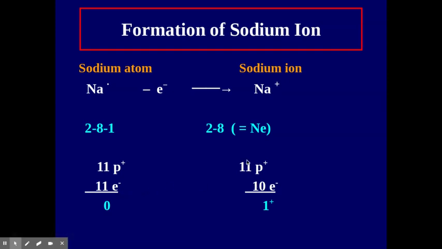This is a sodium ion. Now it has 11 protons still, but it has lost an electron, so it has a +1 charge. Overall, it is positive. It has one more positive than it does negative. So we call this a sodium ion, where this was a sodium atom. That's going to be really important. Listen to those name changes.